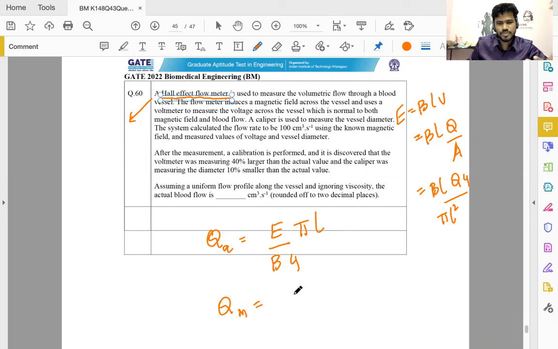So pi B remains as such. E becomes 40% larger, what you measure is 1.4 E. The diameter is 10% smaller, so 0.9 L. What they are asking is, Q measured is 100, and what you want is Q actual. Just take the ratio of these two.